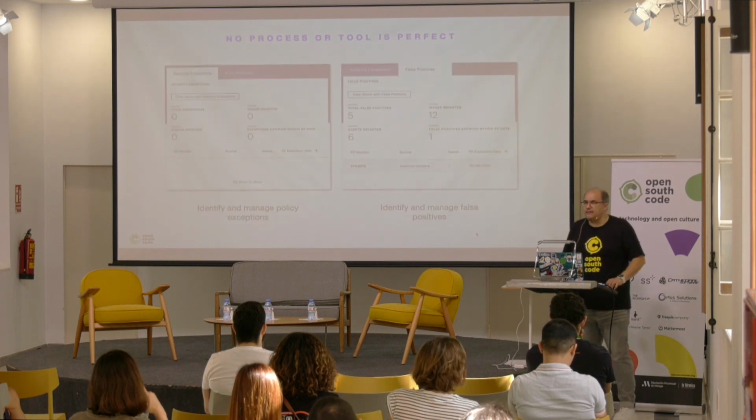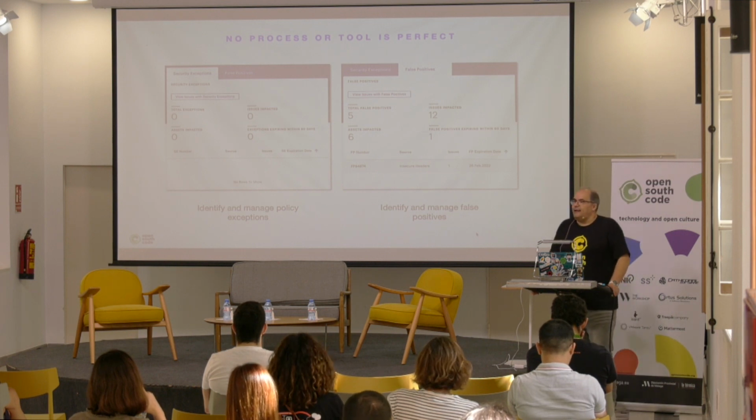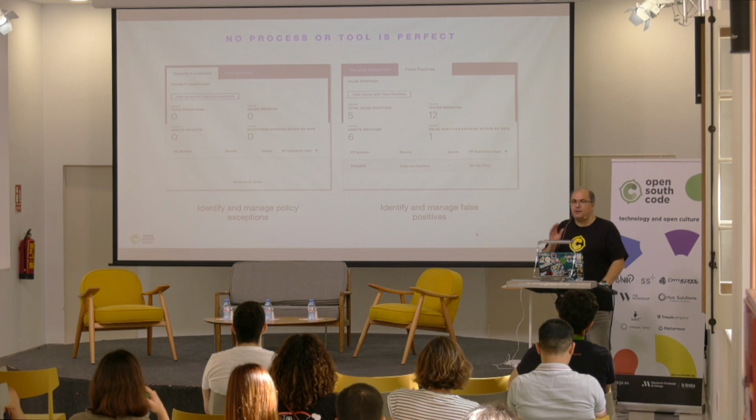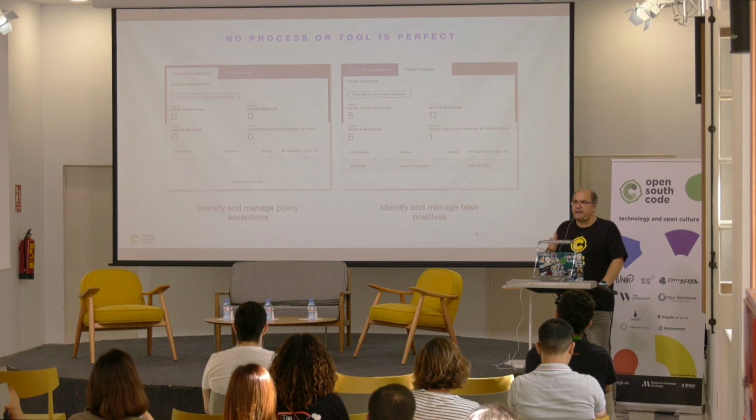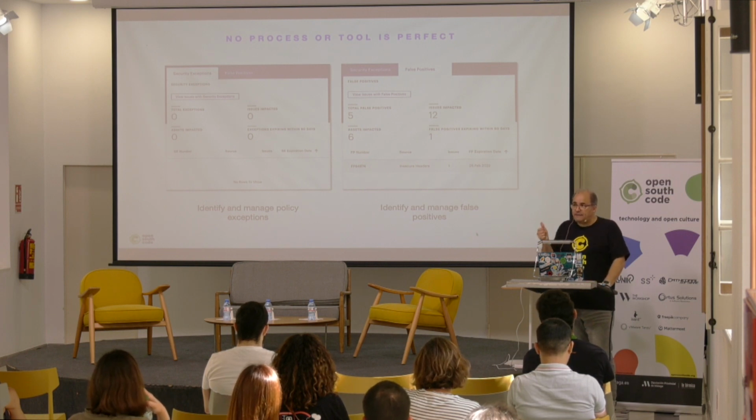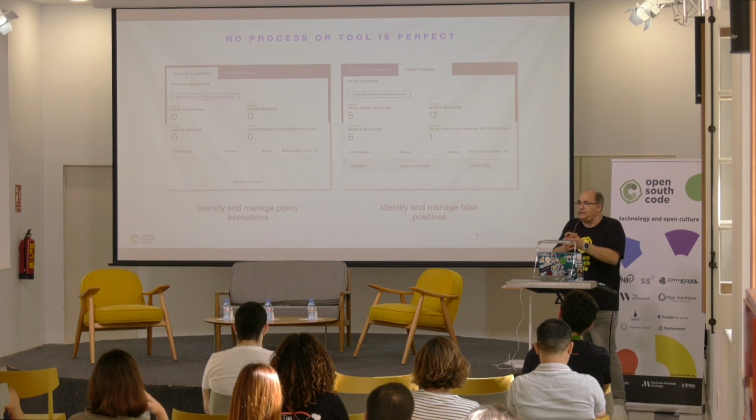Always think that no matter how much automation we have or how good our team is, no process or tool is perfect. So you need to always have, and this is very important in a DevSecOps mindset, first, a way to identify and manage policy exceptions. Tools are important, but at the end, as a team, we take decisions and responsibilities.